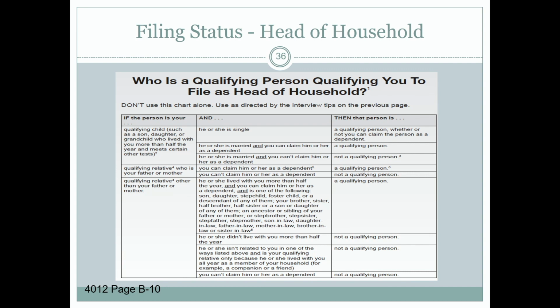Now, sometimes there are people such as a friend or another acquaintance or somebody that lives with you all year, but if they are not related to you, even though they did live with you more than half of the year, you're not going to be able to qualify for the filing status head of household.